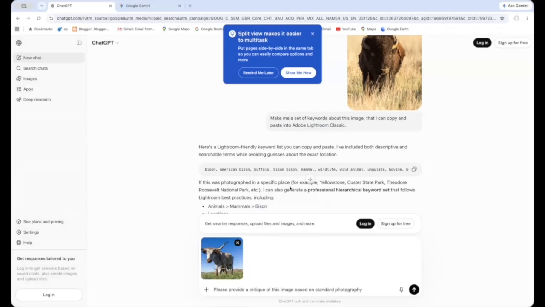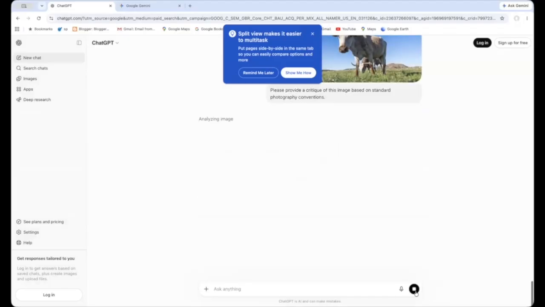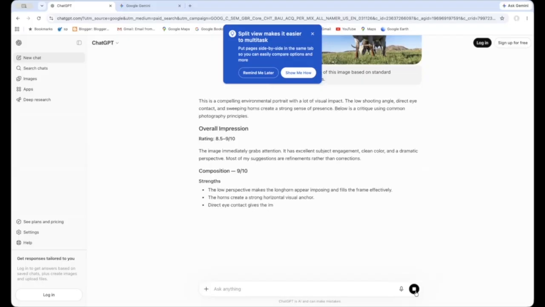What's the word I used? I'll just put considerations or convention. Conventions is what I used. Yep. Thank you. Okay, please provide a critique of this image based on standard photography conventions. I'm going to ask ChatGPT about it. Again, that image I created with my own camera and post processed it.